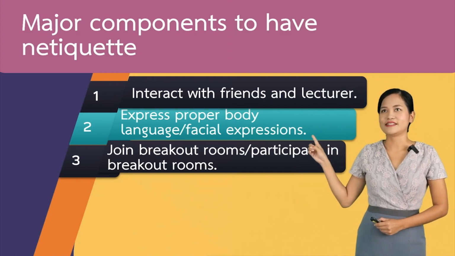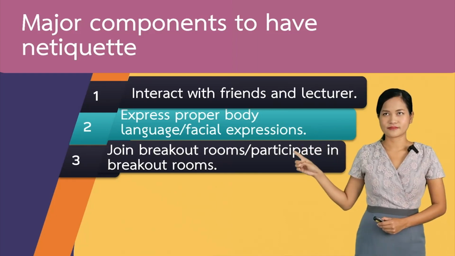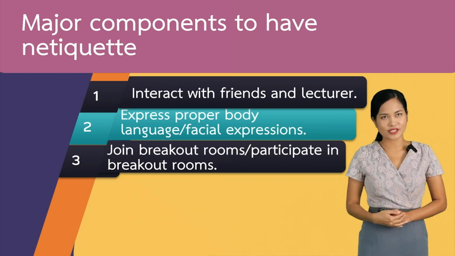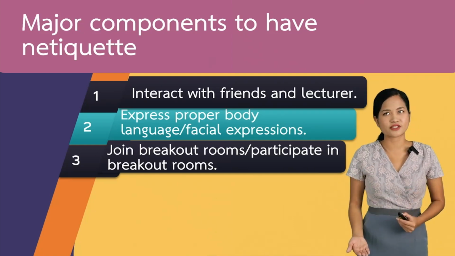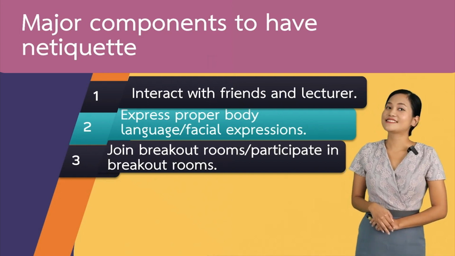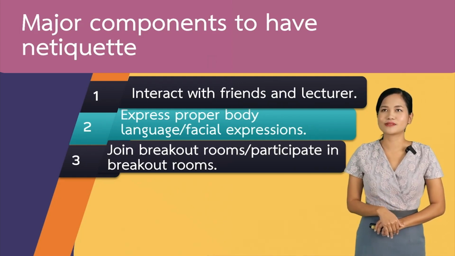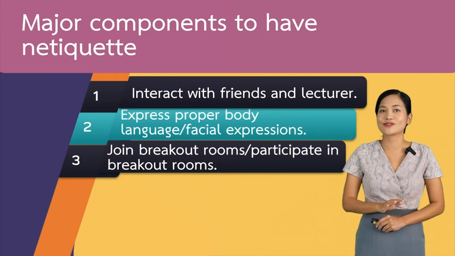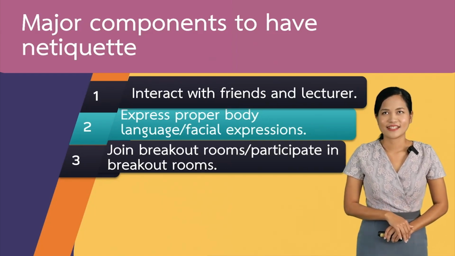First, interact with friends and lecturer. Second, express proper body language, nonverbal language, and facial expressions. And last, don't forget to join breakout rooms and participate in breakout rooms. Try to speak. Don't be so quiet, okay?